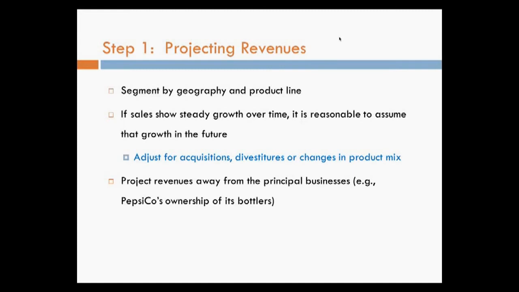So the cost of doing business in the United States has a different profile than the cost of doing business overseas. And so to the extent that you can segment your businesses, both on the revenue side and on the expense side, you can then get a better sense of your profitability.